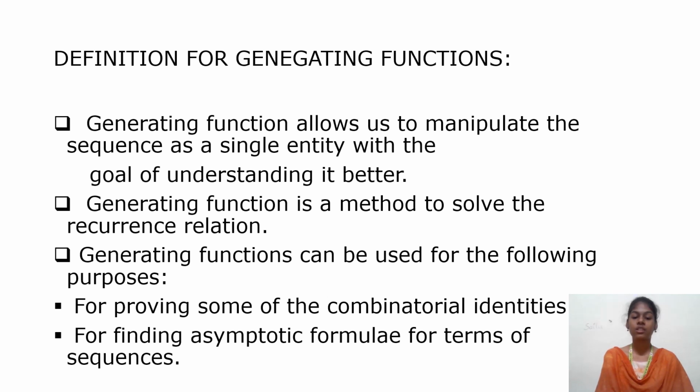Generating functions can be used for the following purposes: for proving some combinatorial identities, and for finding asymptotic formulae for terms of sequences. The main reason for using generating functions is to solve recurrence relations.